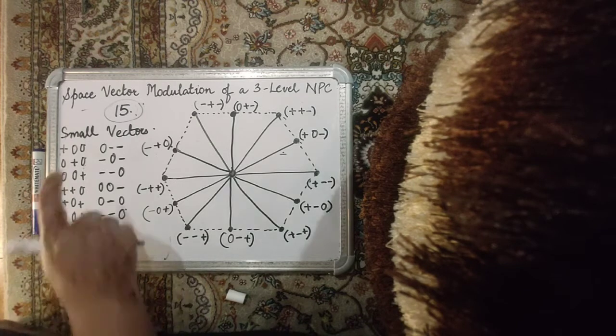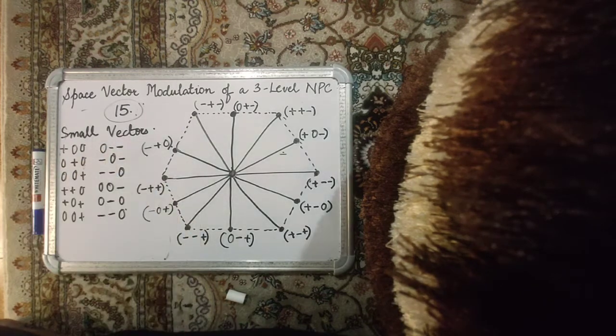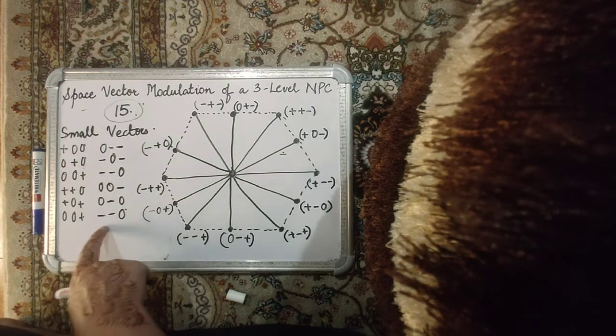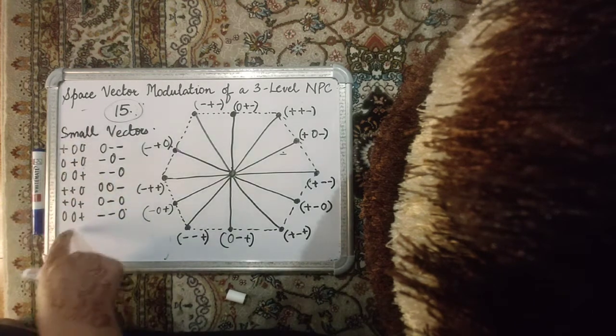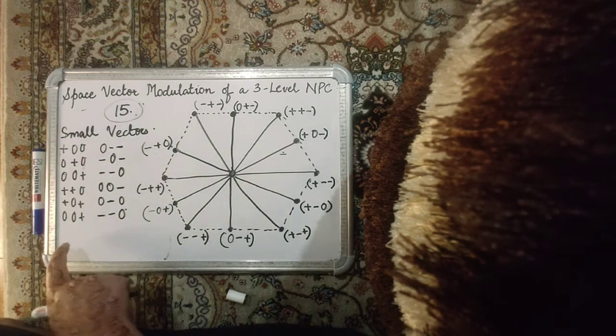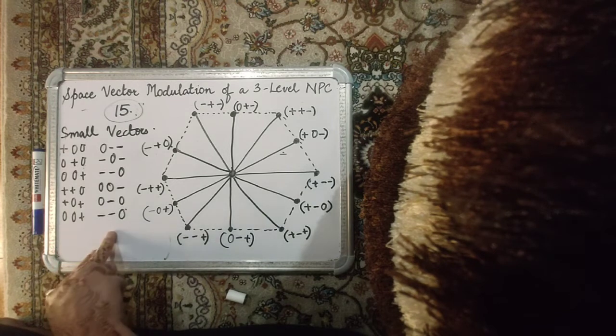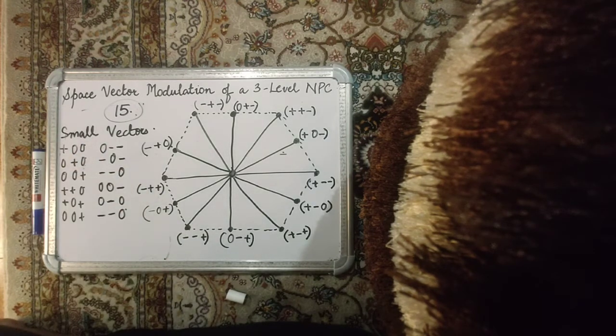So these are 6 vectors that use only negative and 0 states, and these are 6 vectors that use only positive and 0 states. A total of 12 vectors, and all of these are small vectors. Why I have written this and this alongside each other, you will just come to know.